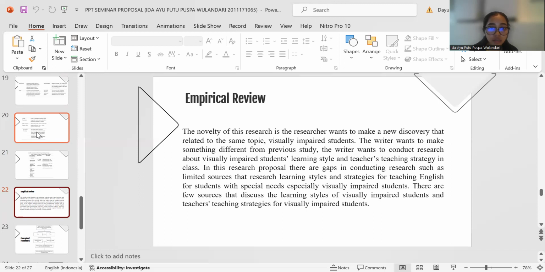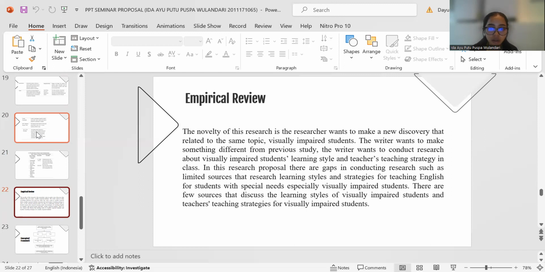And in this research, there are gaps, such as the limited research. It is a little bit hard to find research, and the sources on learning style and teaching strategies are very limited. It's really hard to find.